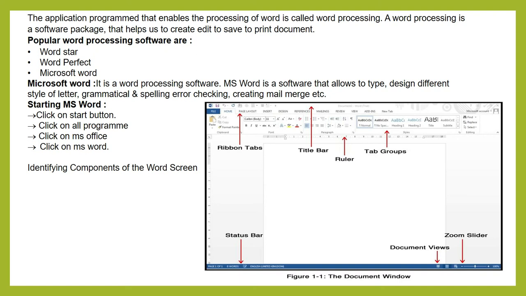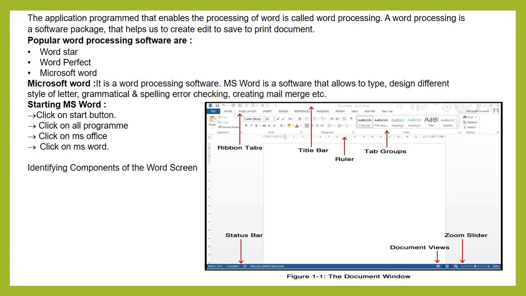Word processing is a type of software that is good for typing, editing, printing and formatting. If there are any spelling mistakes, they are automatically flagged with red wavy lines and green wavy lines, and some autocorrect options are also available in word processing software.